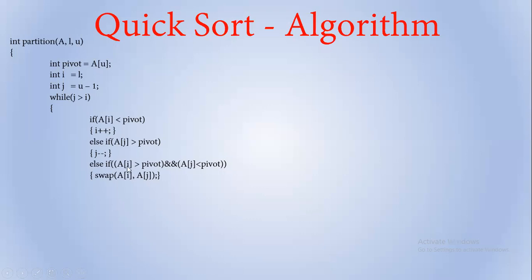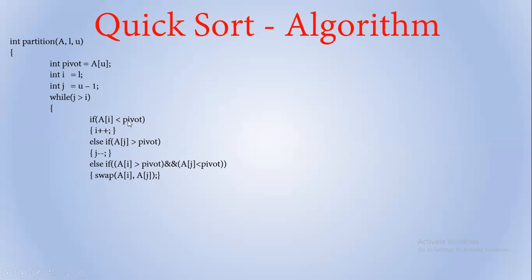So for example, if Ai is greater than pivot and Aj is less than pivot, when we swap that, then Ai will be less than pivot. So in the next iteration, this will be true. So we are doing that for that purpose. If these are like that, we are going to swap this one, such that in the next iteration, this will be true.